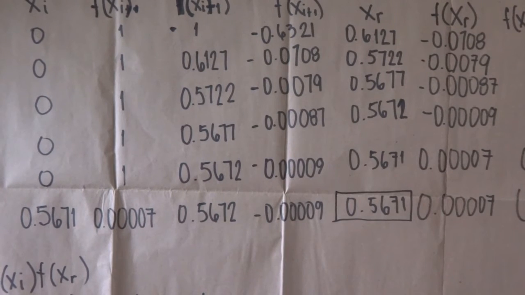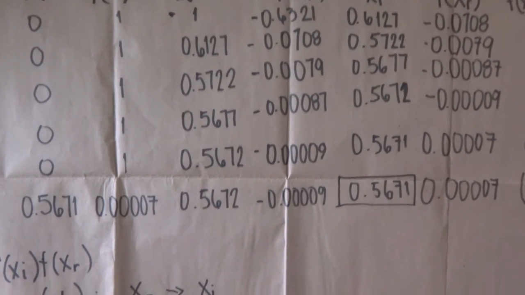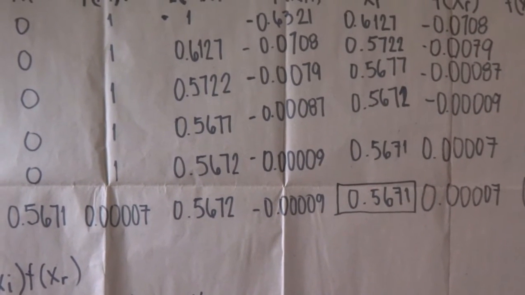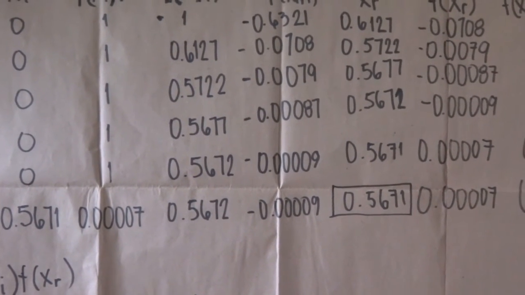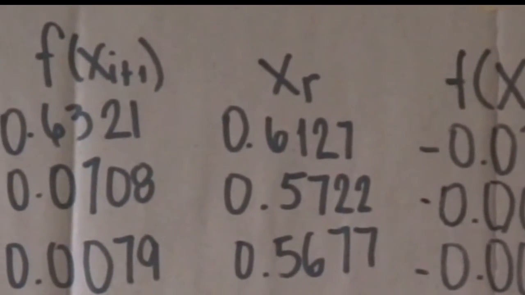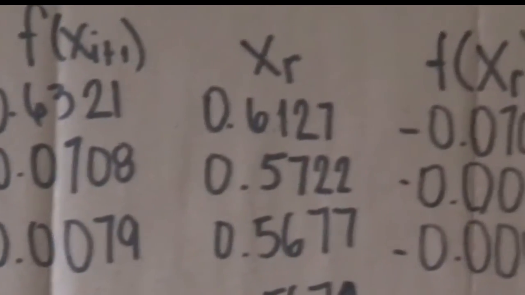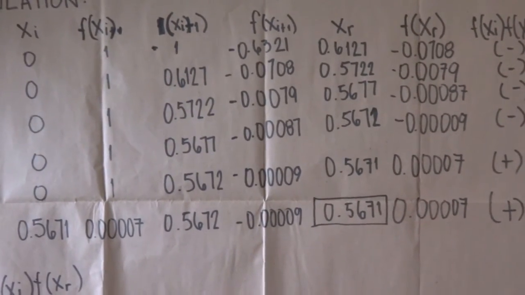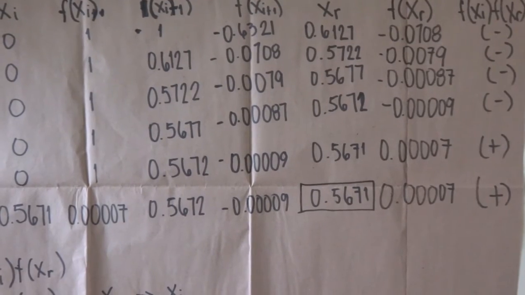Then substitute again those values to the formula for xr. We will get 0.6127. Then substitute the value of xr to the equation to find f of xr. Now, we have to multiply f of xi times f of xr.